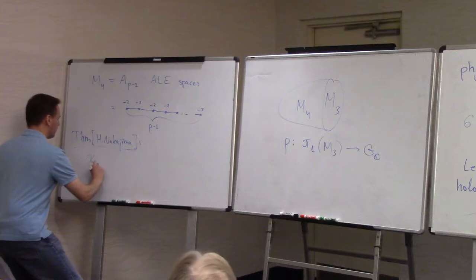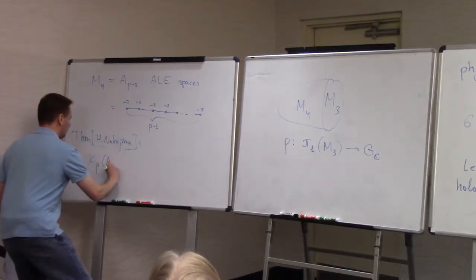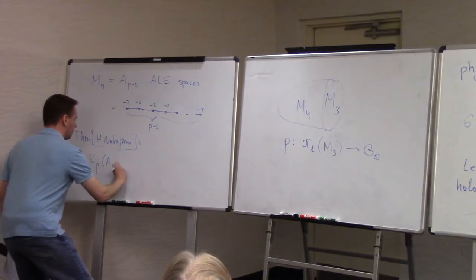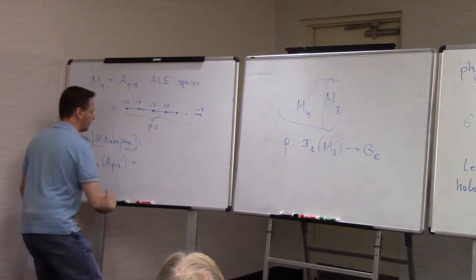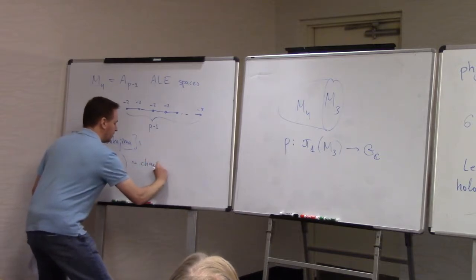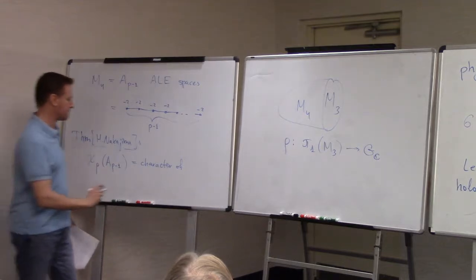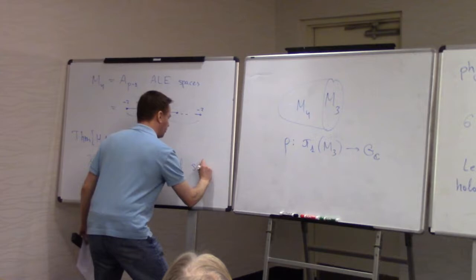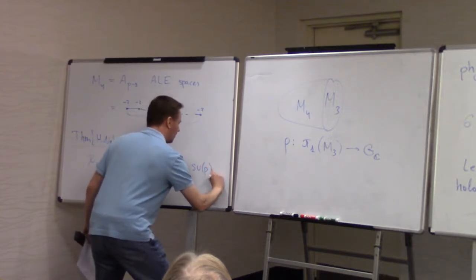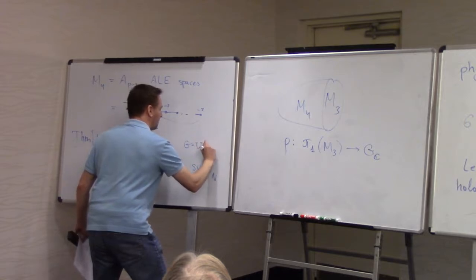And what he found, so he computed basically chi_rho of A_{p-1}, is that this is a character, indeed, of the affine Kac-Moody algebra su(p) at level n, in case you're working with rank n or U(n) gauge theory.